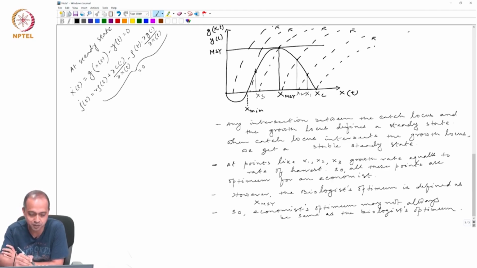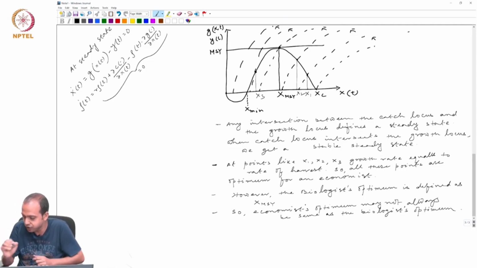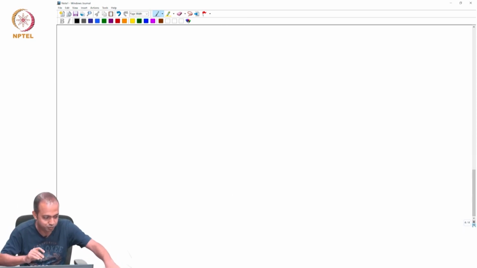X MSY, because it is derived from a point where the catch locus is intersecting the growth locus from below, and that is happening at the peak of the growth locus also. Then from here we can actually derive the condition for economist optimum and biologist optimum to converge to each other.